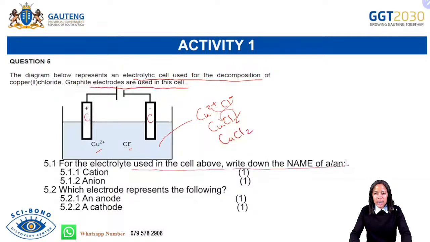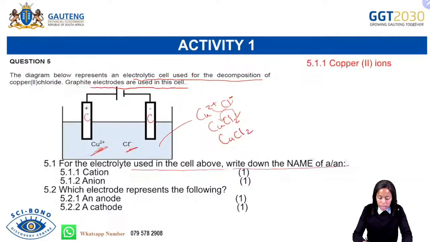So remember we said that the positive charges are going to represent what? The positive charges, they represent the cations, and the negative charges, they represent the anions. So if we are then looking at the electrolyte, we can see that we have Cu2 plus. So Cu2 plus will be the cation, and Cl minus will therefore represent the what? Cl minus will therefore represent the anion.